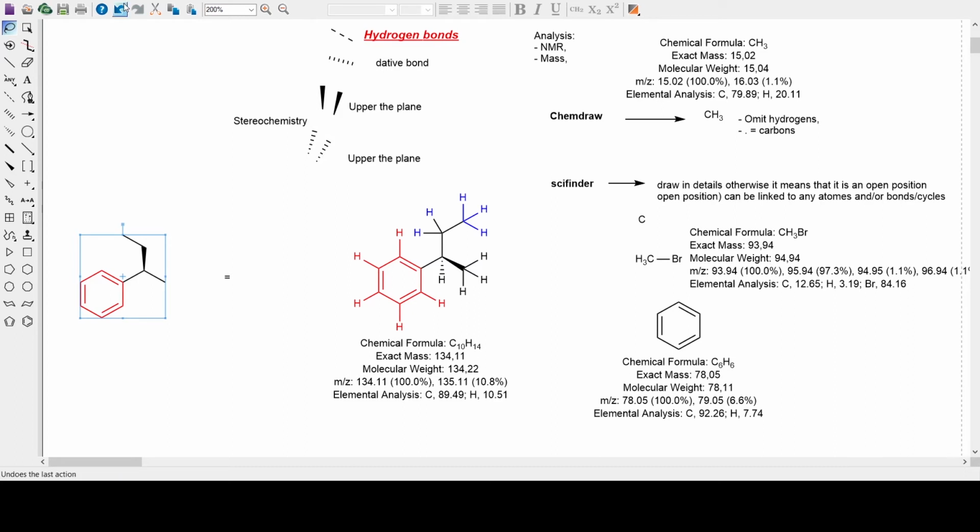So you can change the atom properties here. You can set implicit hydrogens. If you want to show the hydrogen, you can change it. Why doesn't it work? Text, atom properties, allowed, implicit hydrogens.